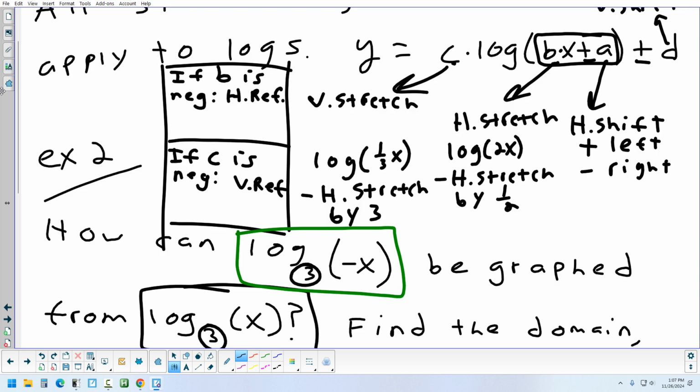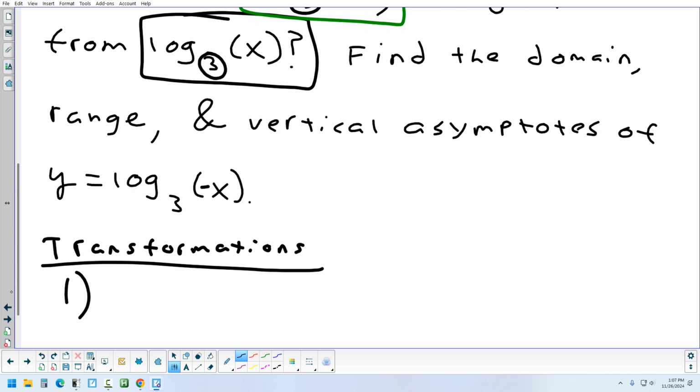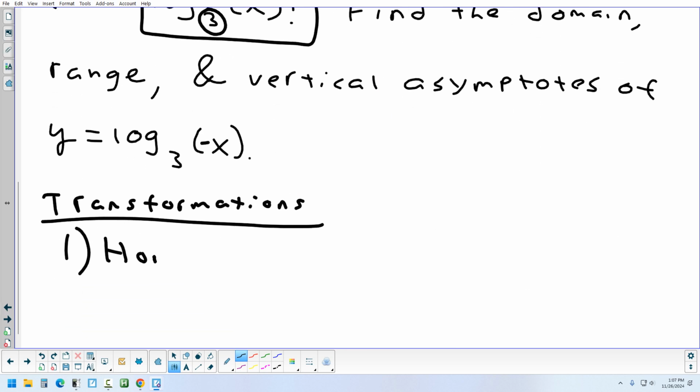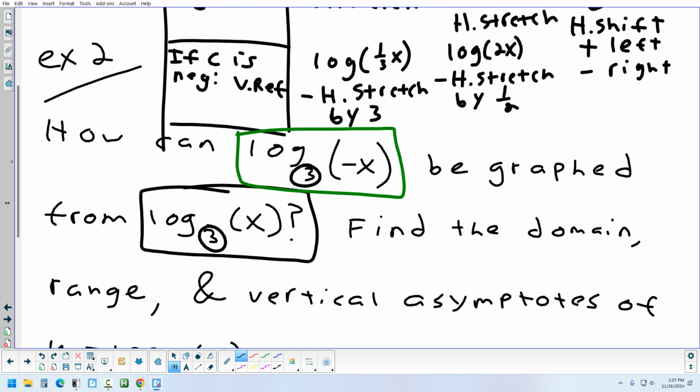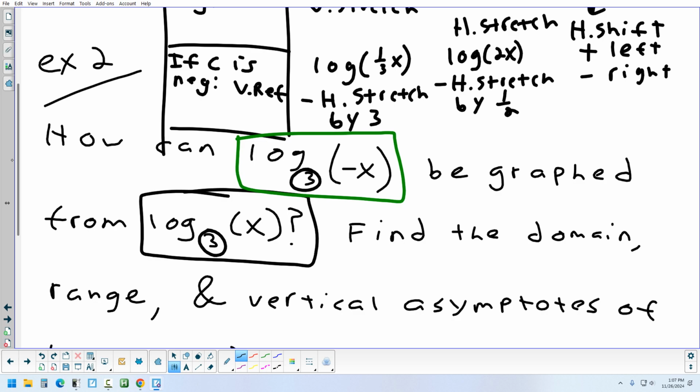Yeah, think of it as having a negative 1 in front of x. That's a horizontal reflection. Okay, what else do they want? So that's how you would graph it.